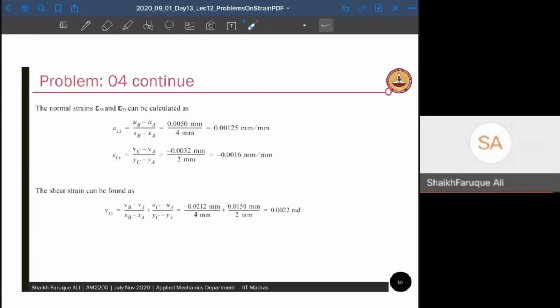All right. Now shear strain is going to be deformation of B along y direction, that's what I said, right? Deformation of B along y direction will be given by the components of deformation along y direction.